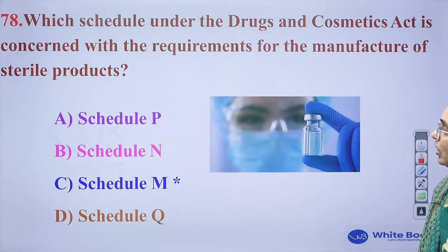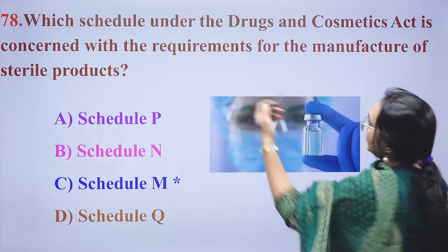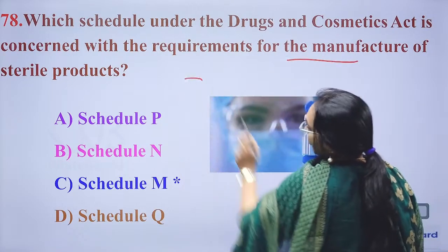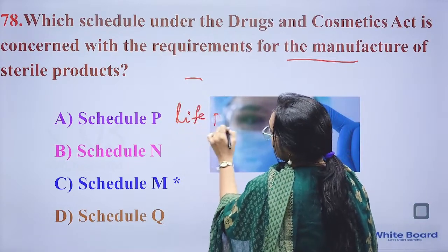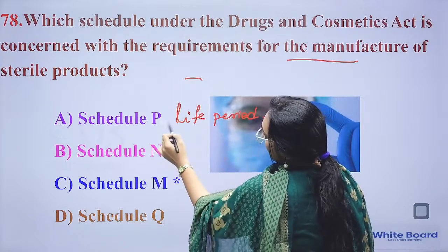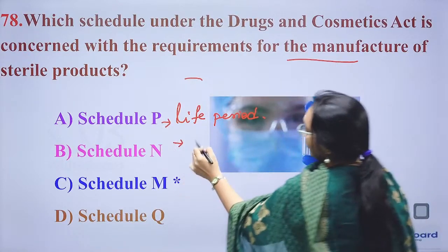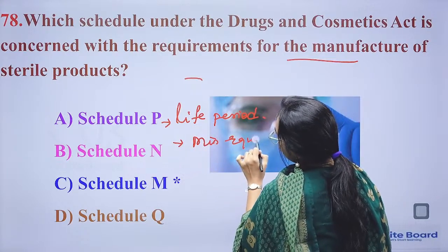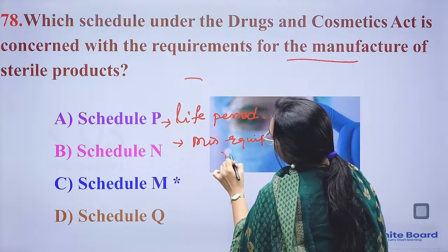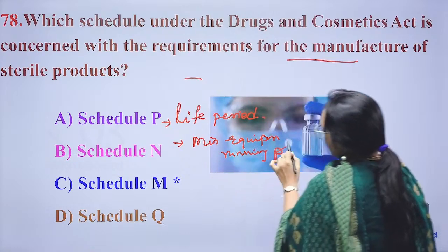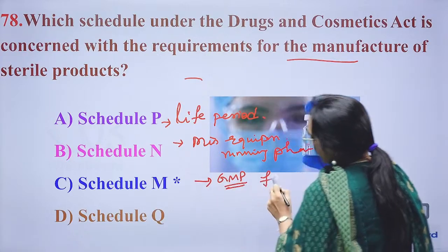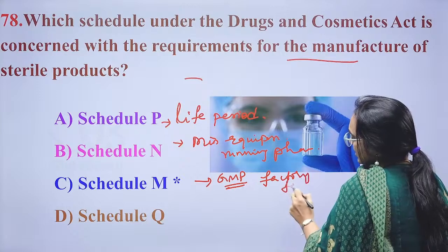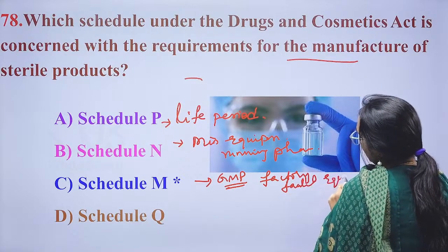Next question, which schedule is concerned with the requirements for the manufacturing of sterile products? Schedule P is the life period of drugs. Schedule N is minimum equipment required for running a pharmacy. Schedule M is GMP practices for maintaining the factory, facilities and equipment.